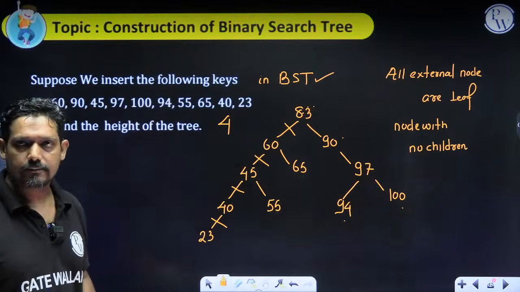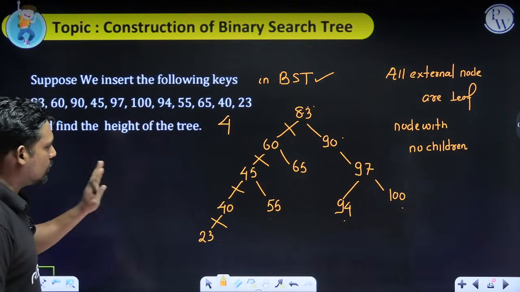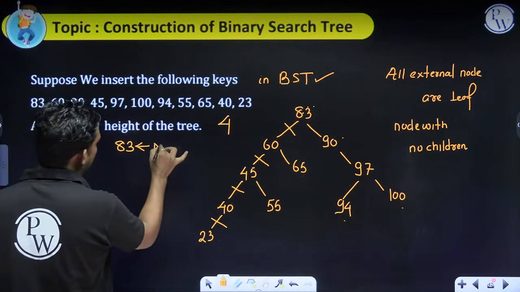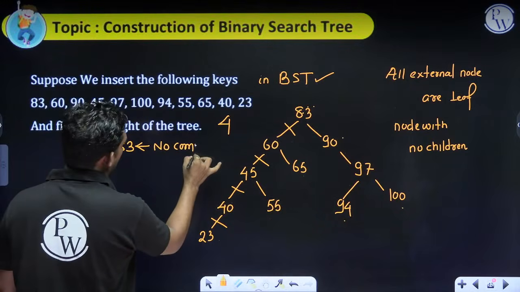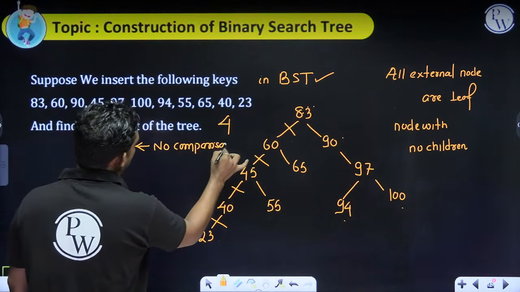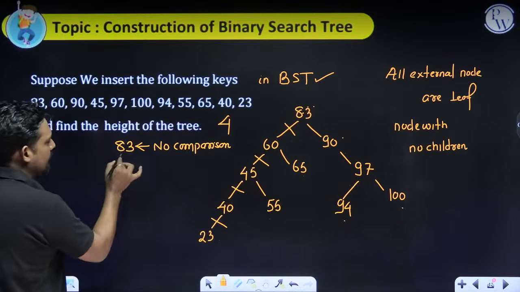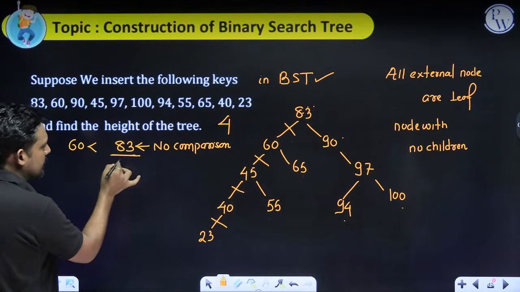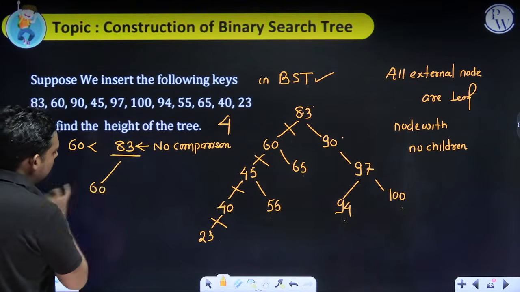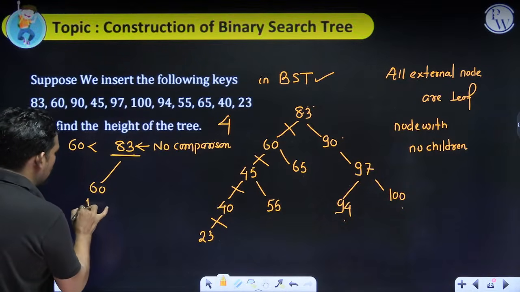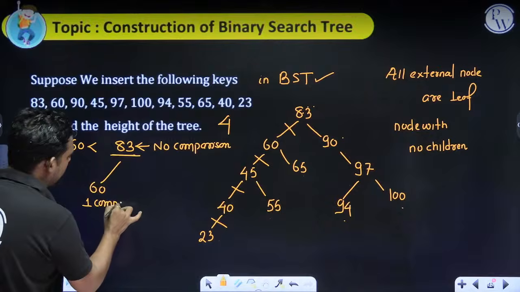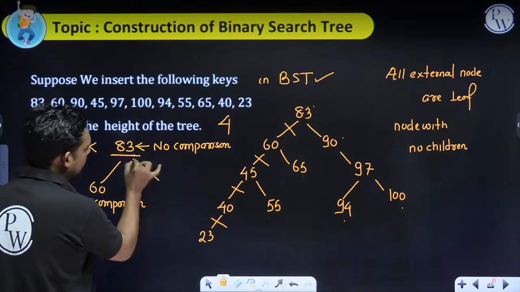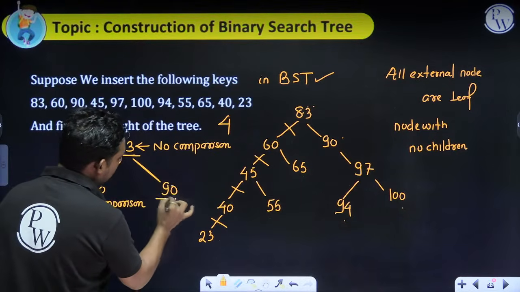Now, when I inserted 83, in this case no comparison was required. But when I inserted 60, I have to compare with this. I compared 60 is lesser than 83, and then I inserted the value on the left. So for 60 I need one comparison. Now similarly when I inserted 90, I need to compare with 83.